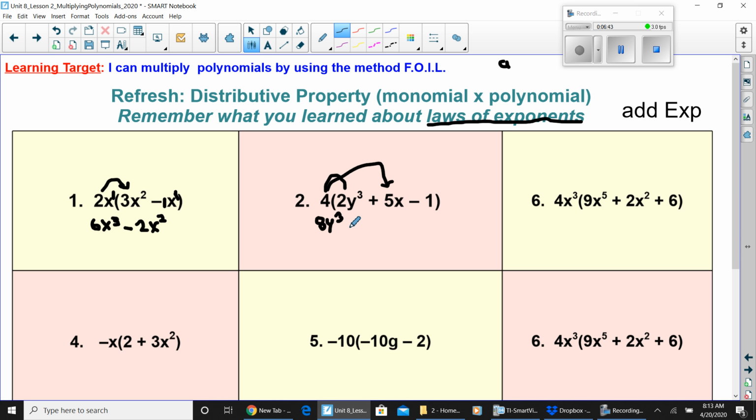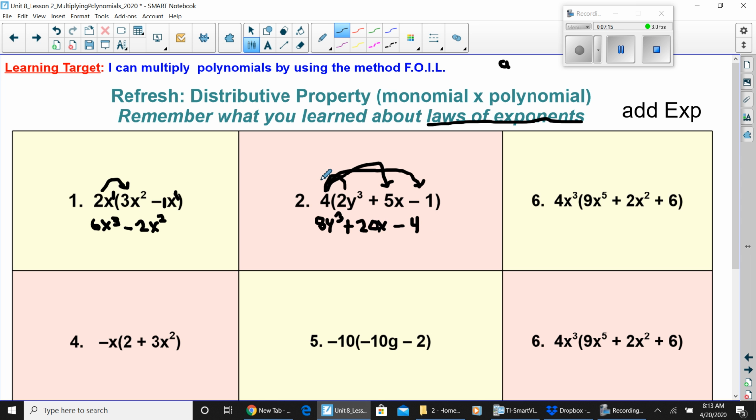Well, I'm doing 4 times 5 in my head first, which is 20x. And then finally, 4 times negative 1 is negative 4. And that is your answer: 8y to the third plus 20x minus 4.